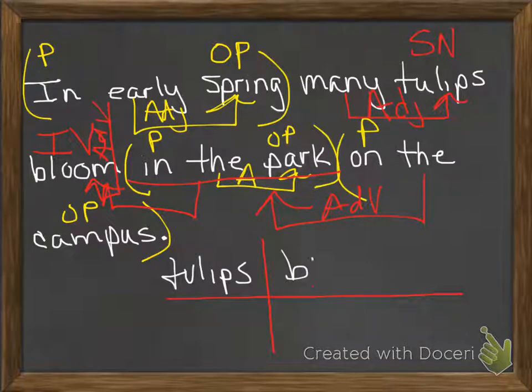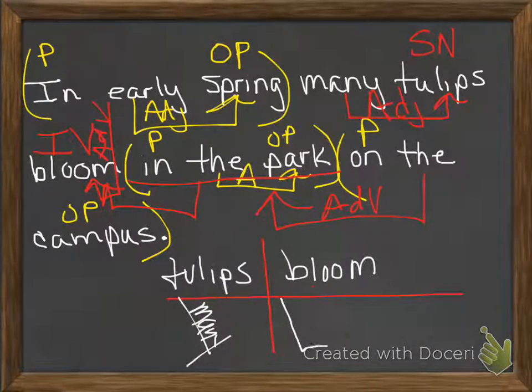Verb is bloom. Okay, and to save time, I'm just going to show you that when you modify this, go ahead and put many. When you put your modifiers under bloom, you know you have 2 that modify the verb. The first one is in the front, and it's the in spring. Okay, and then early is modifying spring.